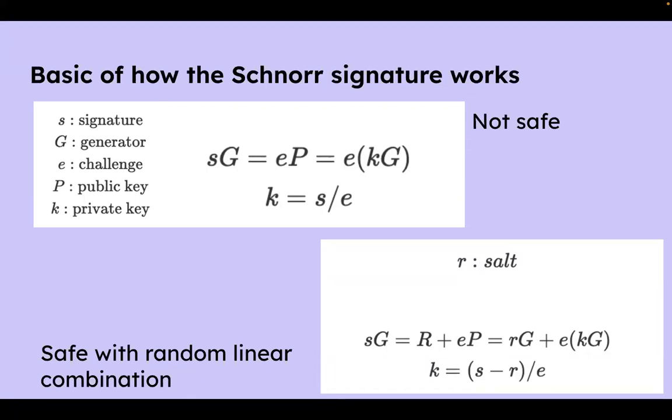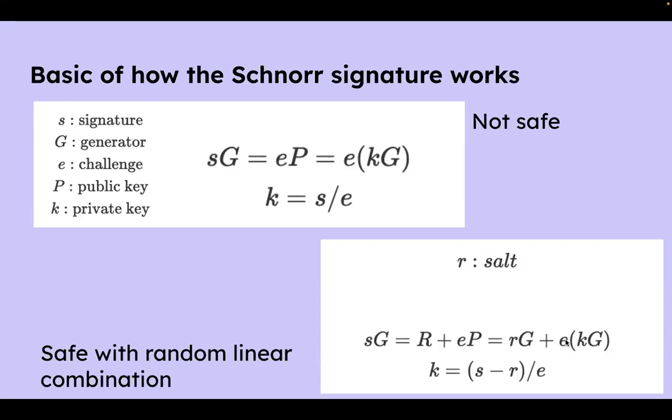To resolve this problem, what we do here is giving one more linear combination with a random nonce value r. You just pick a random nonce r, which is kind of a salt, and then make a signature like S equals r plus EK.